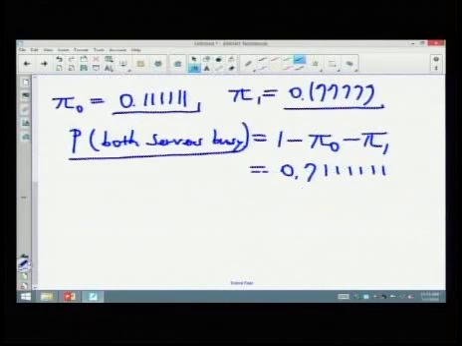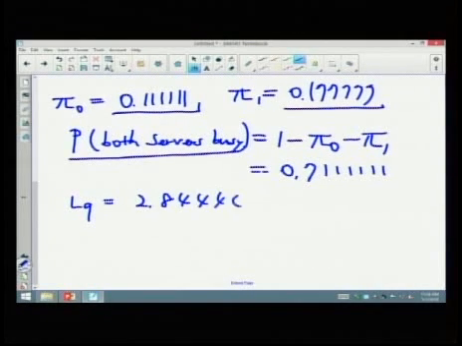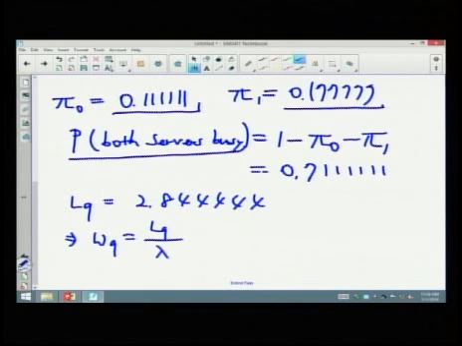Now we should be able to get LQ. That's going to be 2.844444. I just used the formula. Okay. Then from Little's law, WQ is LQ divided by lambda.